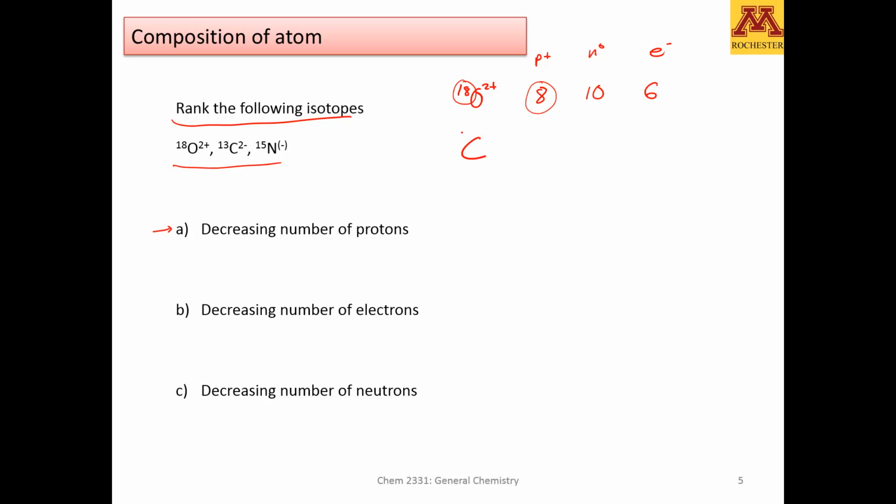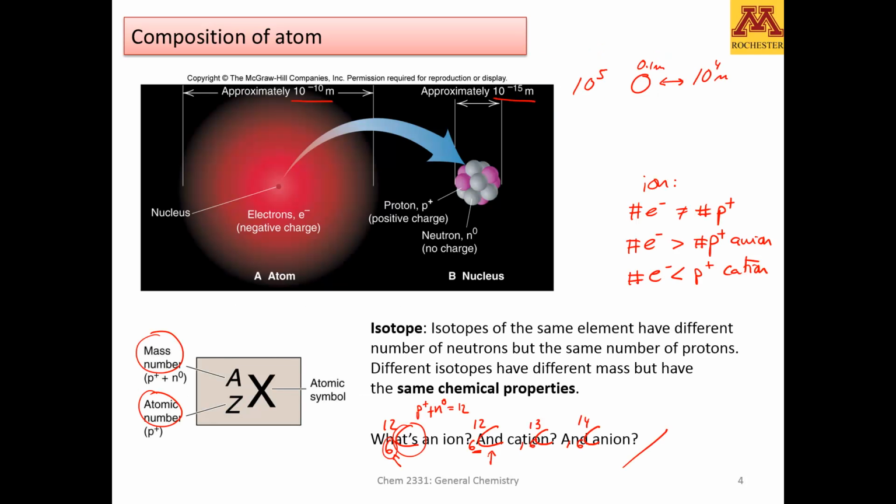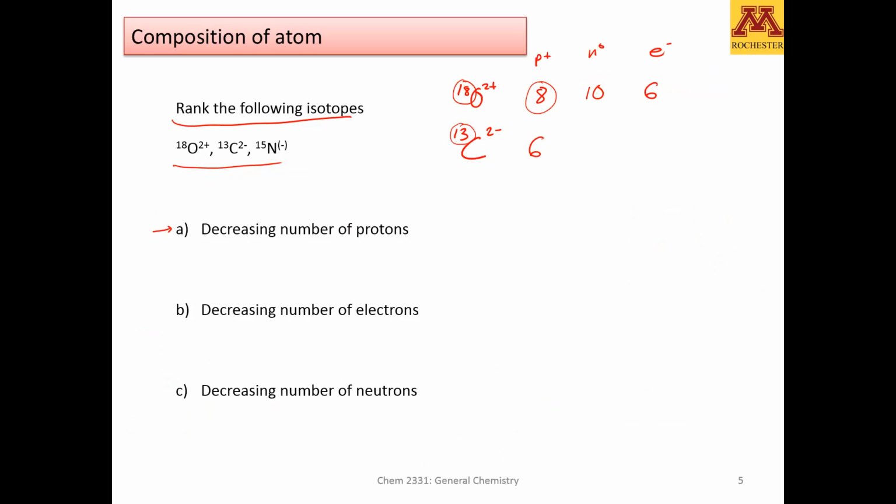As for carbon, what makes carbon carbon is to have 6 protons. In this case, if this number is 13, let me remind you that this number up here we call the mass number, and this number down here, that we most of the time will avoid, we call the atomic number.